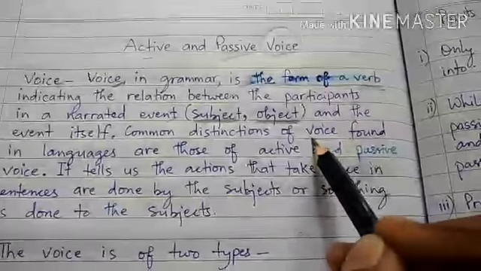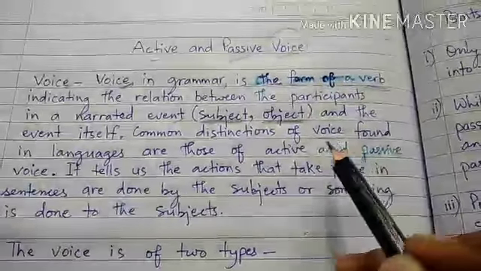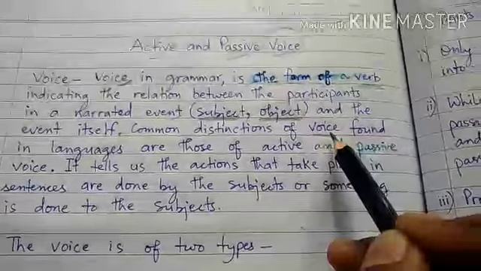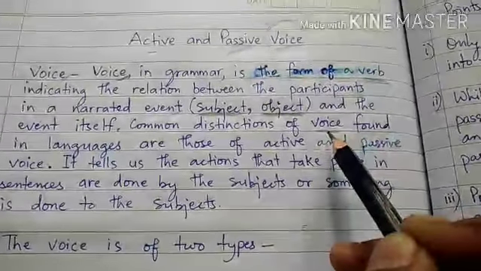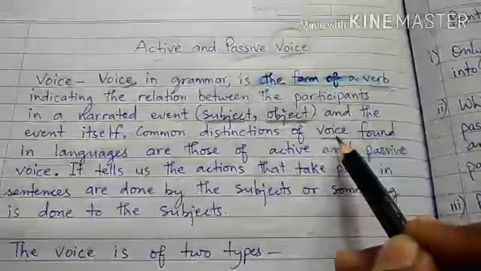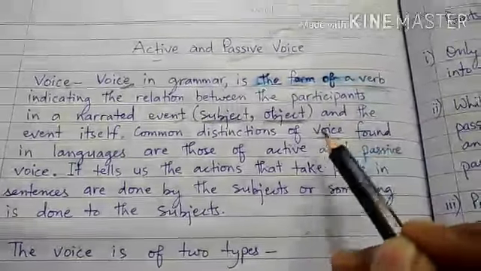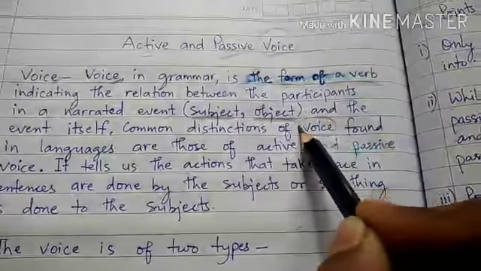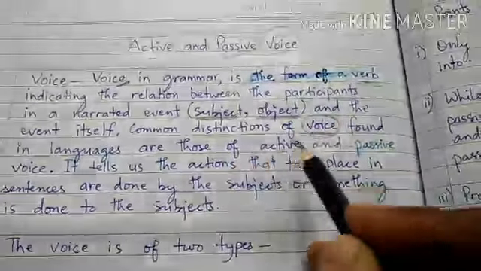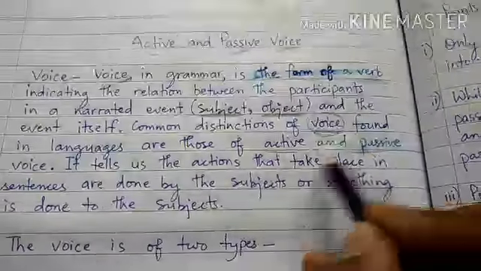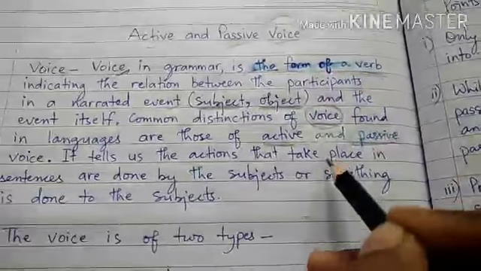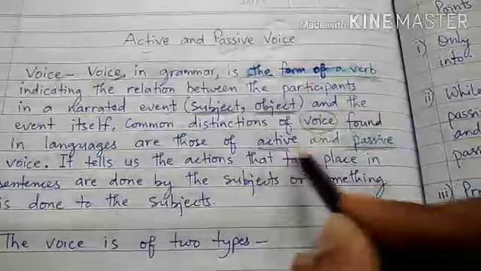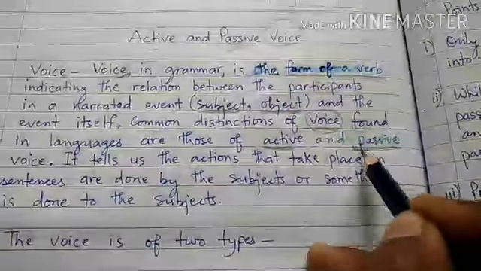But the actions can be expressed differently, separately in voice according to active and passive voice. Now active and passive voice are the kinds of voice. There are two types of voice. One is active and another is passive voice. Now what is active and what is passive voice, that we have to understand in this video.